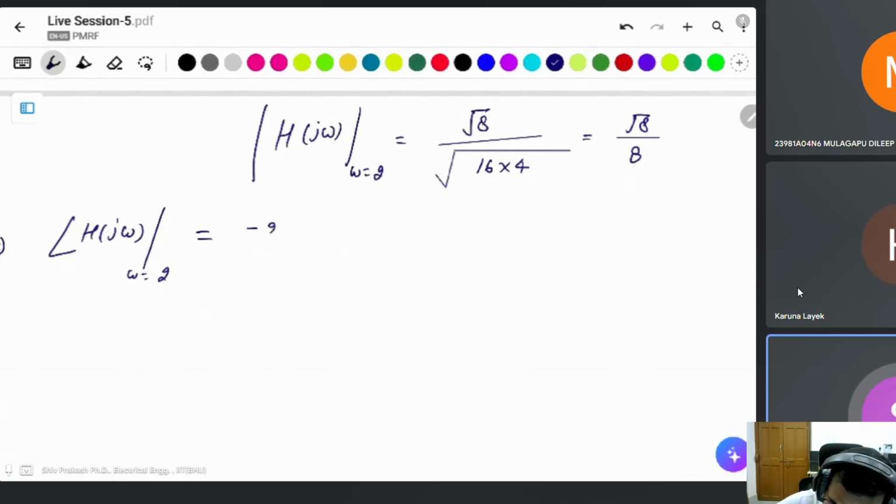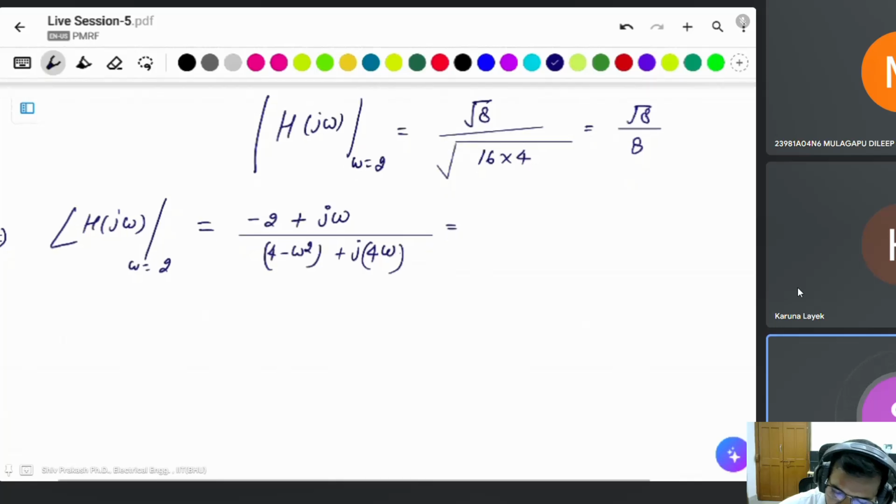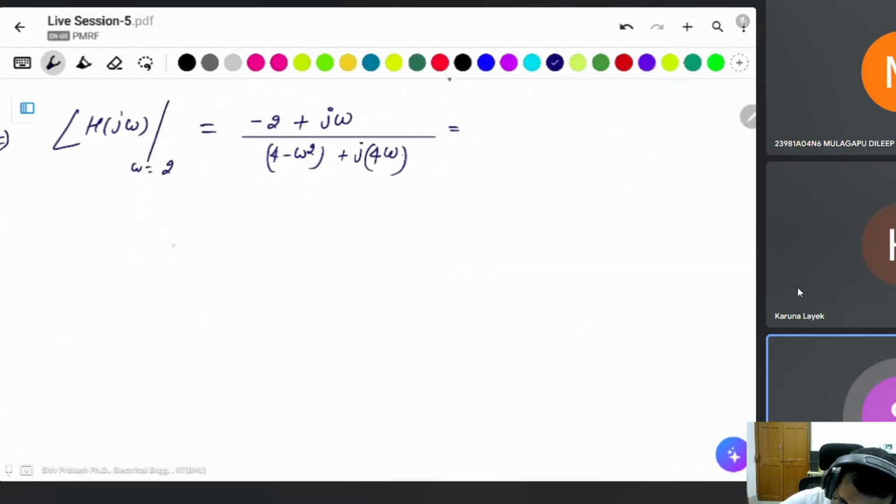You can write it as minus 2 plus j omega divided by 4 minus omega square plus j into 4 omega, of the form a plus jb. There is a negative in the numerator, meaning the real axis is negative. Then what is the angle of this one?